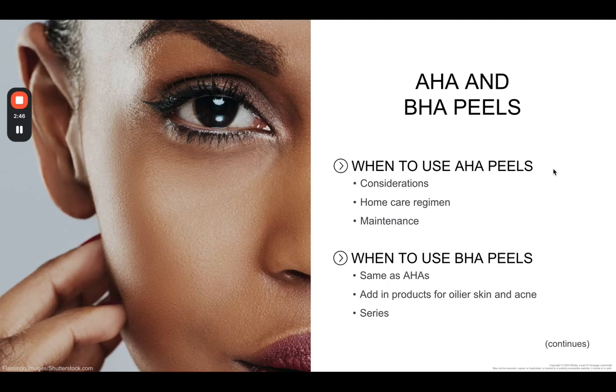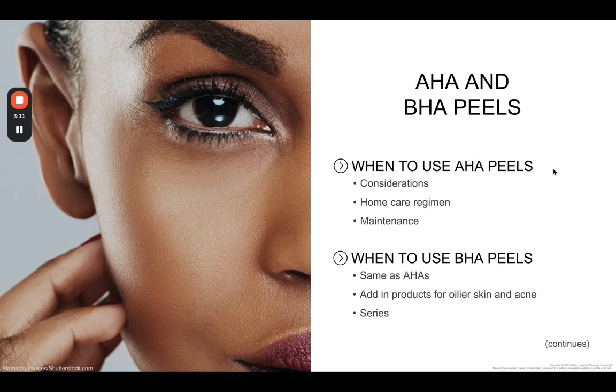Some technicians' treatment plans work on a graduated peeling system where you may start at the mildest level of peels, such as a 2% lactic for the first couple of peels in the series, and then maybe move to a low grade glycolic acid working up to a 20% or possibly even ending at a 30%. So that's pretty much the ins and outs of when to use AHAs.